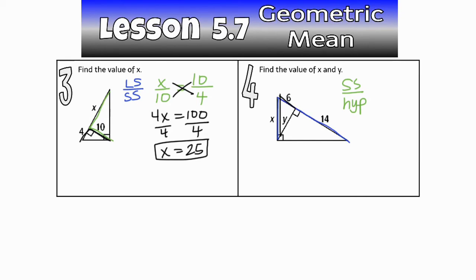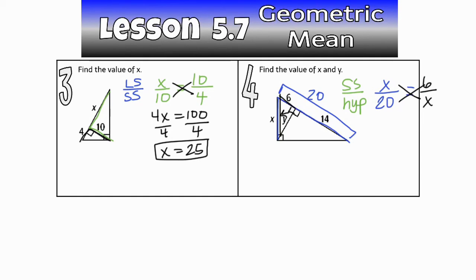So the short side for the larger one is going to be x divided by the hypotenuse, which is this whole thing, which is 20, 6 plus 14. And then that is going to be equal to the short side of the smaller triangle that I have outlined in black, which is going to be 6 divided by the hypotenuse, which is x. And I know that because this is a right angle, so that's the hypotenuse.